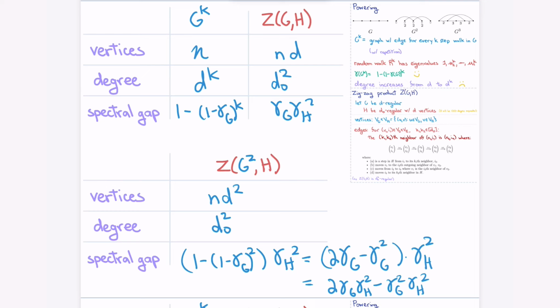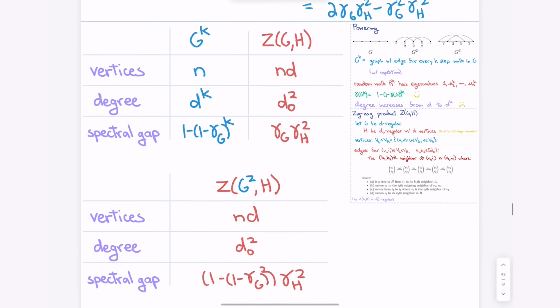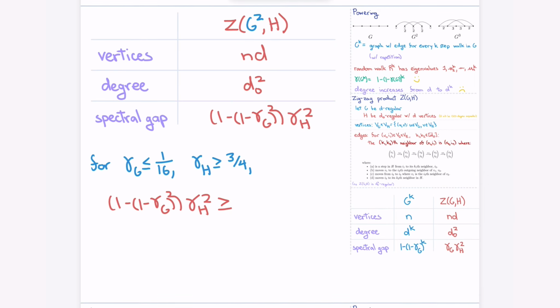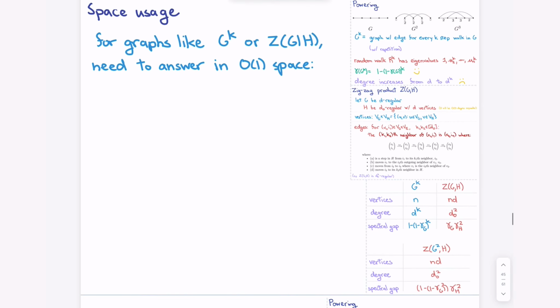But the issue is that the number of vertices does go up. If gamma H is at least 3/4, then gamma H squared is 9/16. That's more than 1/2, so you'll make some progress. It just has to be strictly bigger than 1/2 for life to be okay.